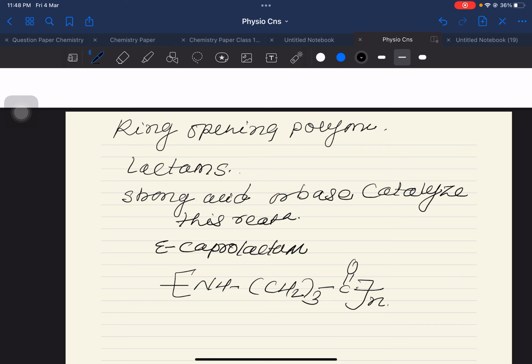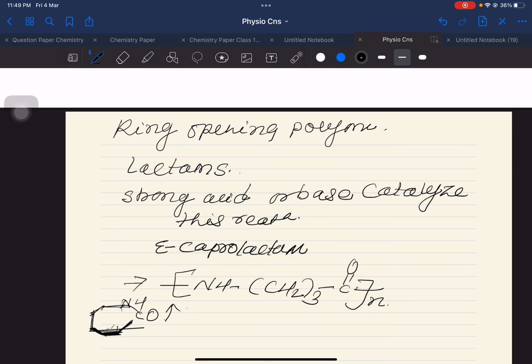This is obtained from caprolactam. Here there is a CO group, here an NH group, and it gives this type of reaction. This, and then this, and then this.